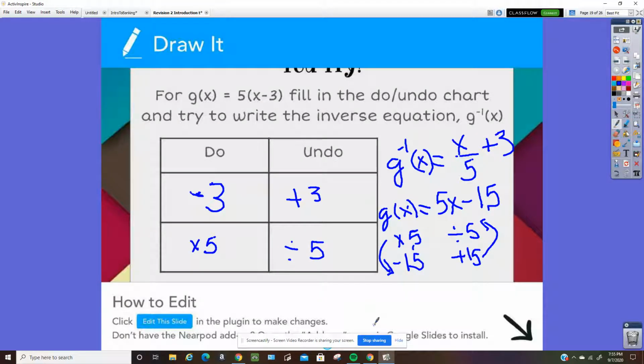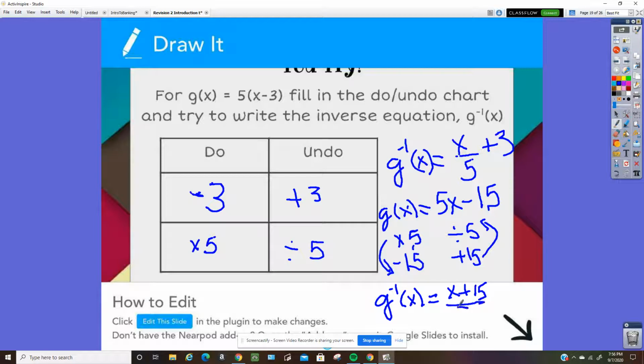So my inverse function, if I did the distributive property first, would be this here. It would be g inverse of x: I'd write down the x, add 15, and then divide by 5.